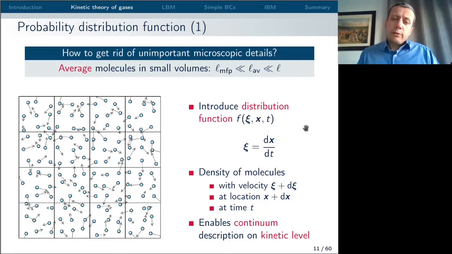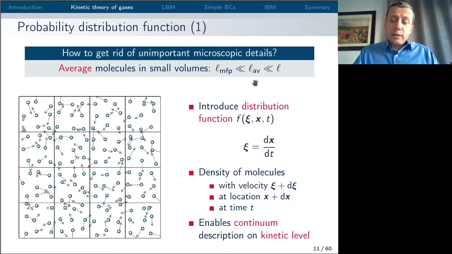What do we have to do if we look at the mesoscale? In this case, we are interested in a length scale that is somewhere between the mean free path of molecules, which is the average distance a molecule is traveling before it's colliding with another molecule. That is L_MFP, and L is the length scale of the entire system you are interested in.